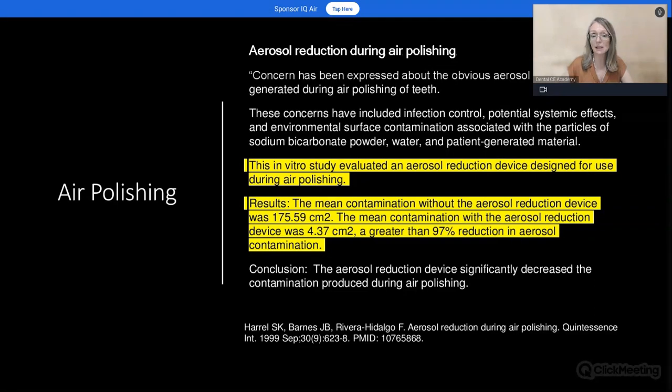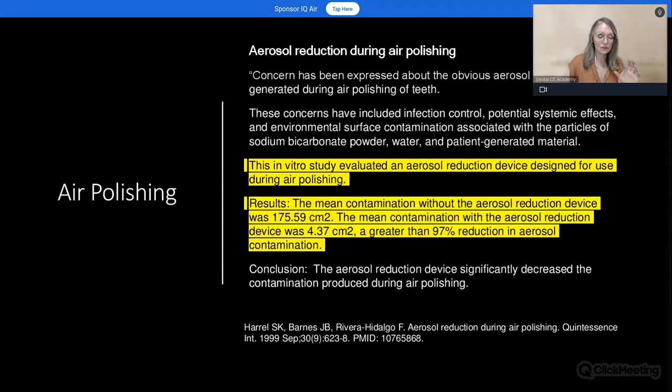The mean contamination with the aerosol reduction device was 4.37 centimeters squared. That's a greater than 97% reduction in aerosol contamination. So these were measurements of the area. The conclusion here is that the aerosol reduction device significantly decreased the contamination produced during air polishing.